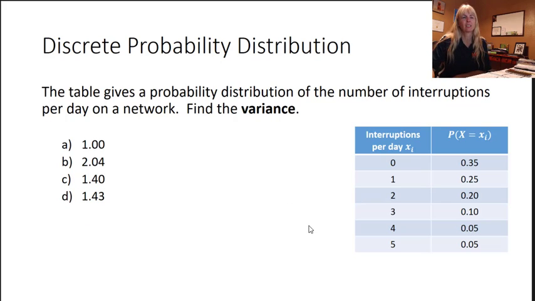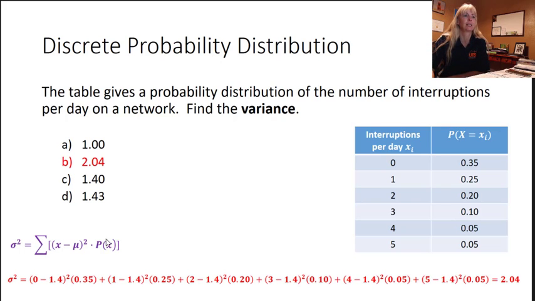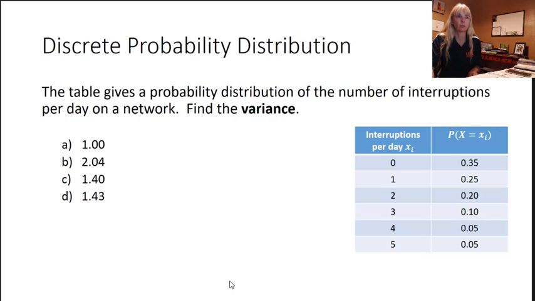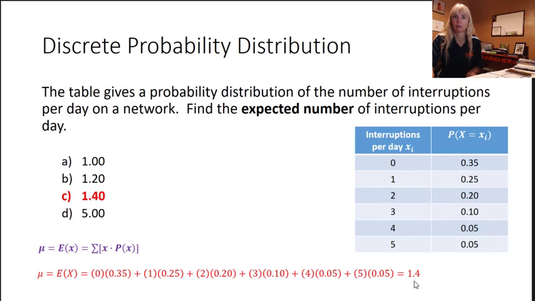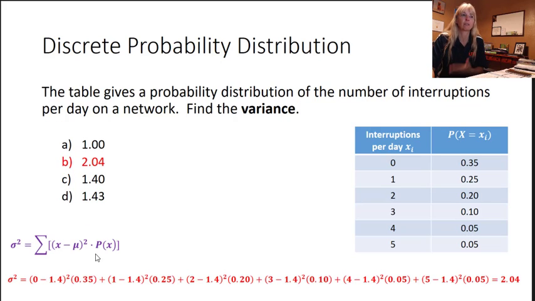All right. Find the variance. This one's a little bit harder and more drawn out. So the formula says to take each x value, so that's this first column, and subtract the mean, the 1.4. That's what we just found right here. Okay, so we had to find the mean first. Take each x value minus the mean, square it, times its particular probability.